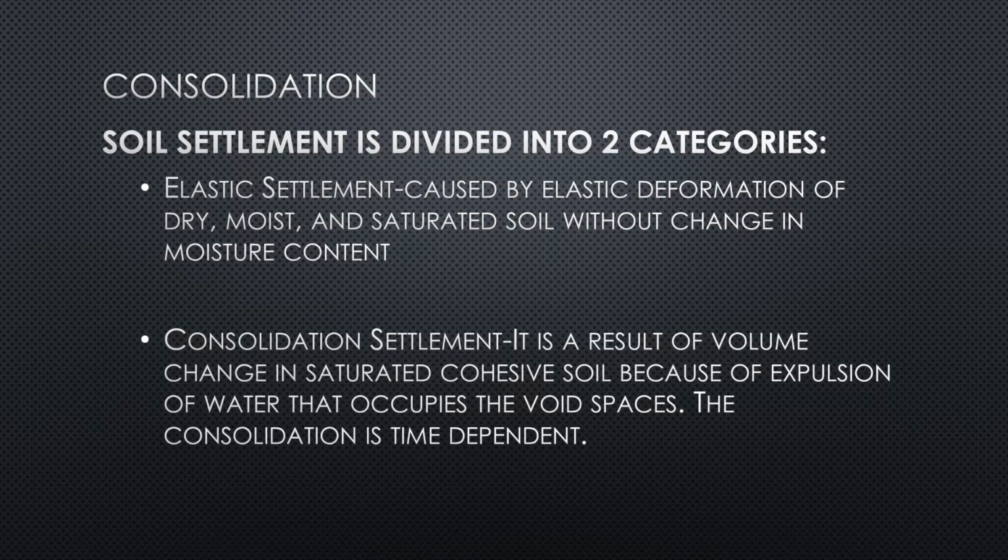When we say consolidation settlement, the volume of a soil changes because of expulsion of water. Once the water that occupies the void is expelled, the soil settles and changes its volume.